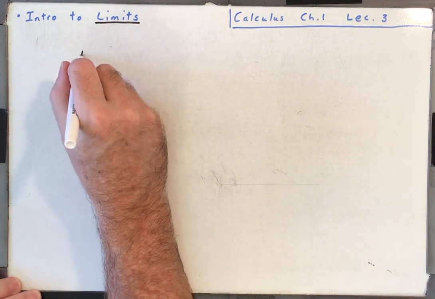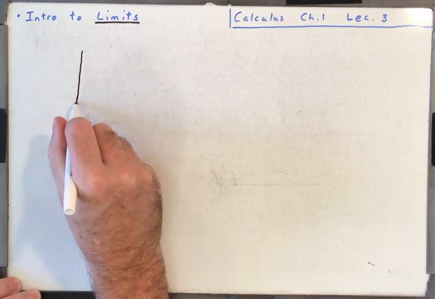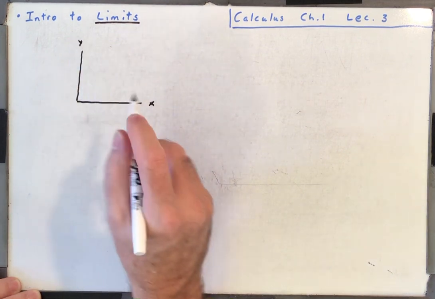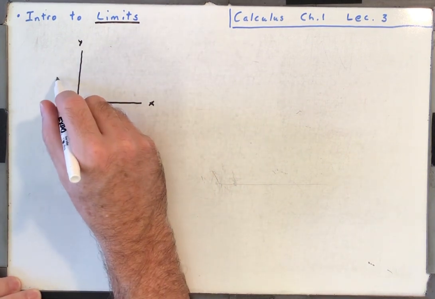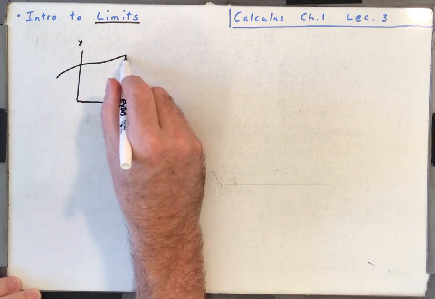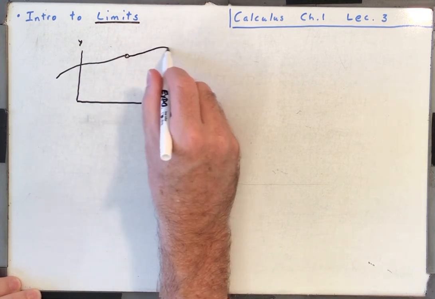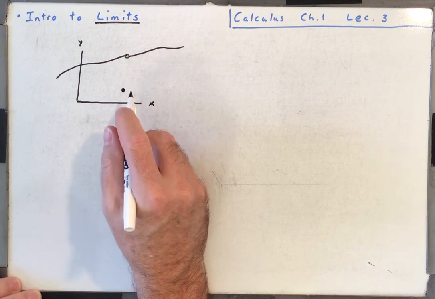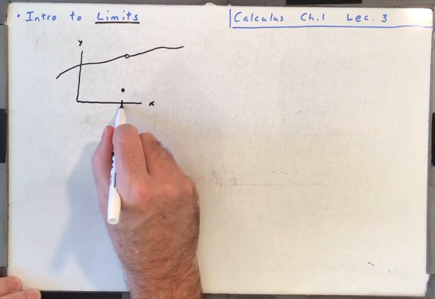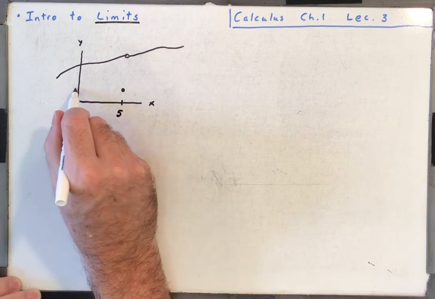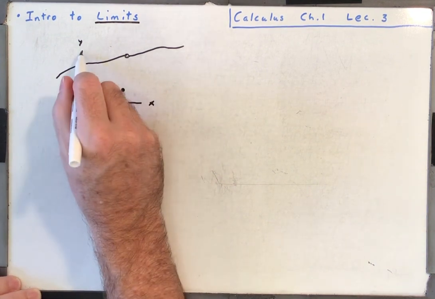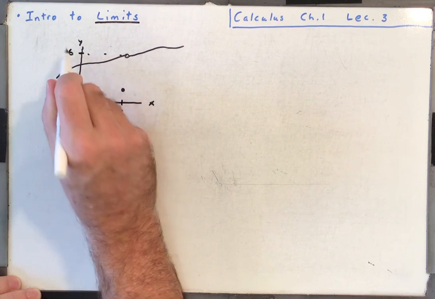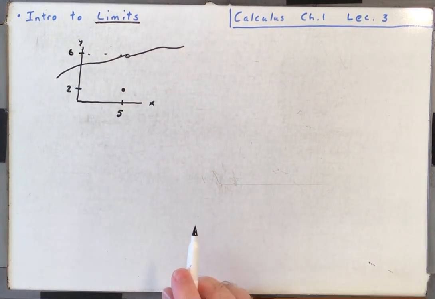Okay, we're under that same bullet. Let's say we have this function, another hole, but I'm going to put a point right there, and let's say that's 5, the x value, this is 2, and at this hole the y value is 6.